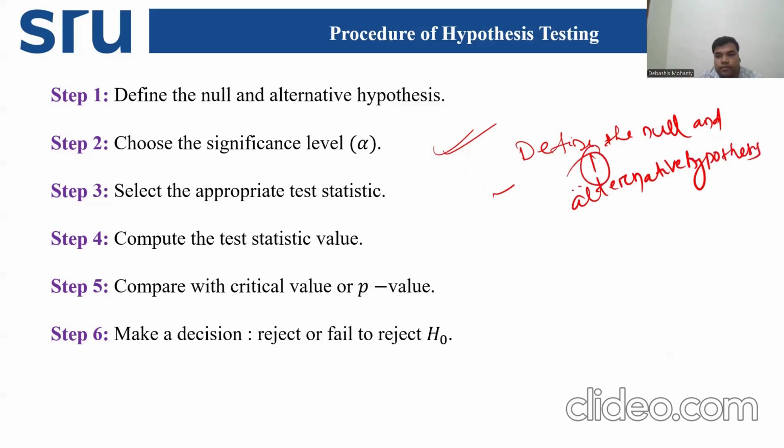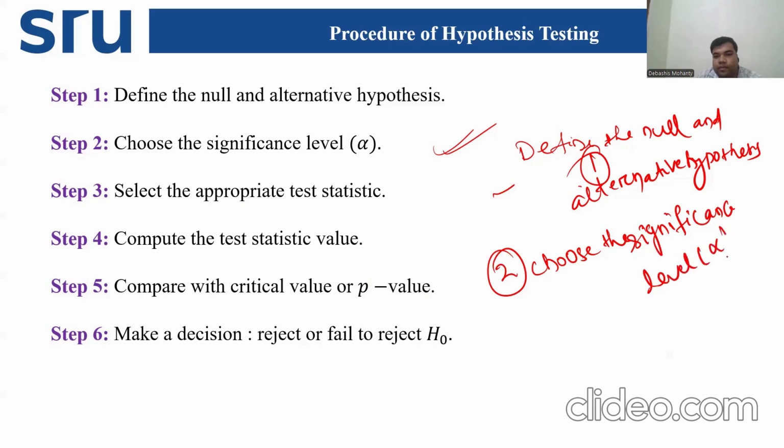In the second step, choose the significance level, which means the alpha value.